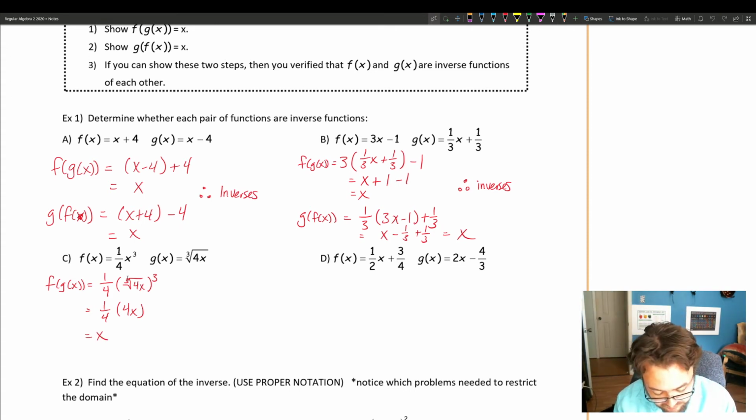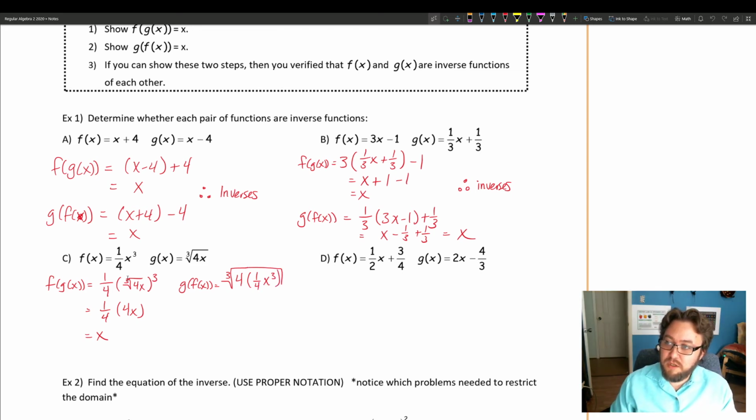Let's do it the other way, g of f of x. I'm going to take the third root of 4, and then in here is 1/4 to the x cubed power. Oh my goodness.